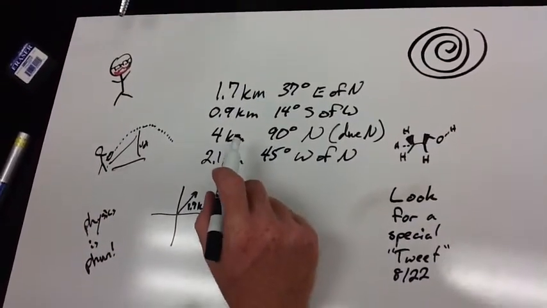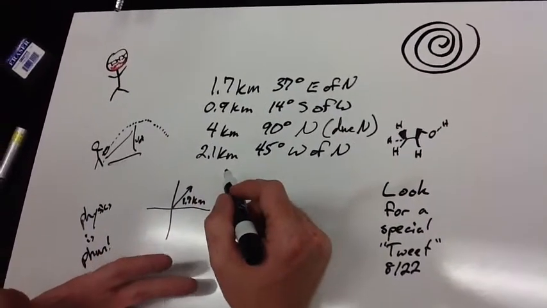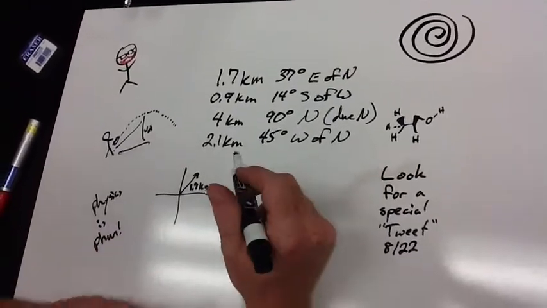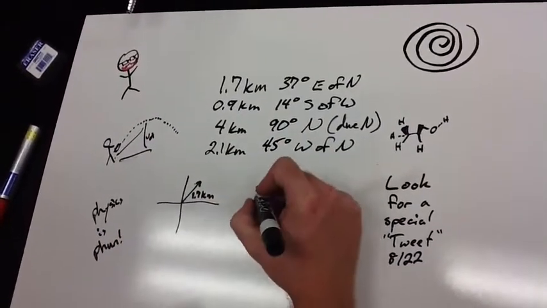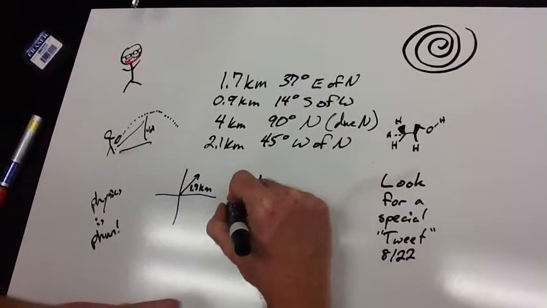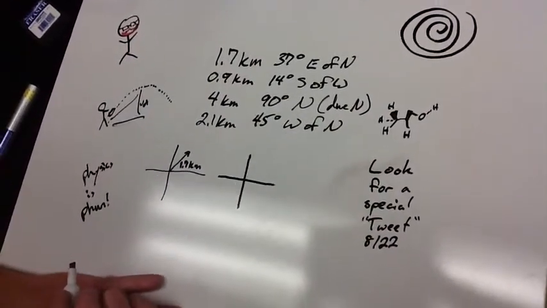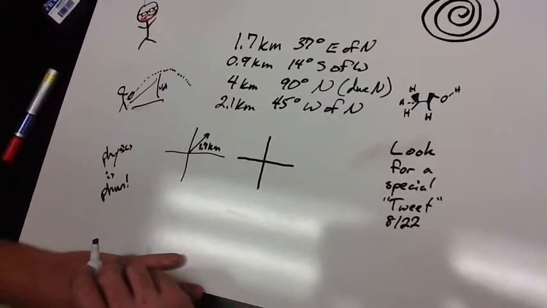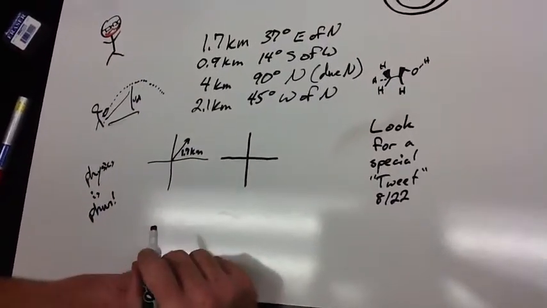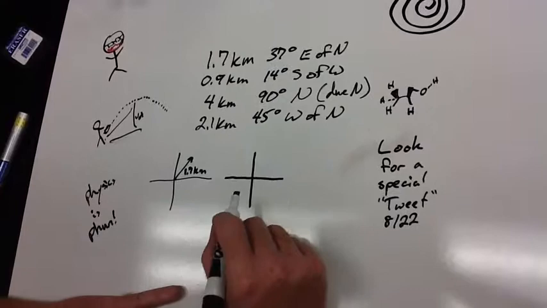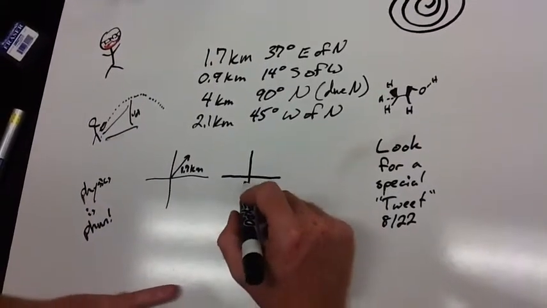Now, I want to draw each one individually because we're going to add them later. So when you see this next one, don't just freak out, but I'm going to draw another coordinate system. I'm going to go 0.9 kilometers at 14 degrees south of west. So I'm going to go back to the origin, and we're going to go south of west.